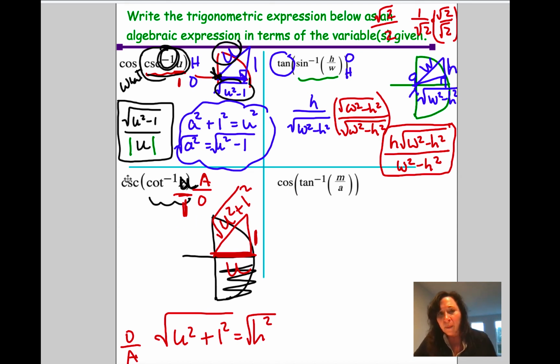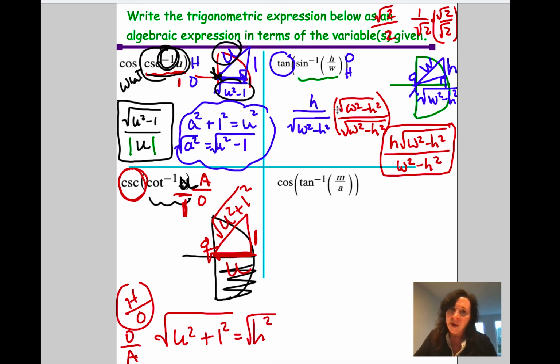So now I need to find cosecant of where I am right now, which is right here. Cosecant is a reciprocal of sine. Sine is opposite over hypotenuse, excuse me, so cosecant is hypotenuse over opposite.